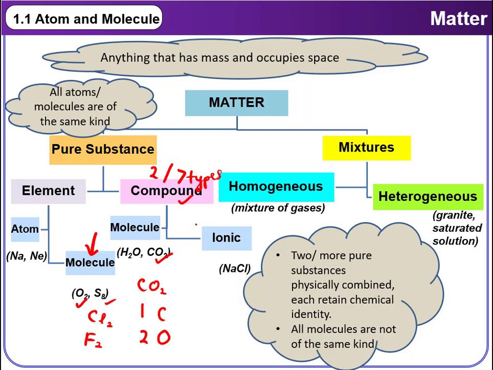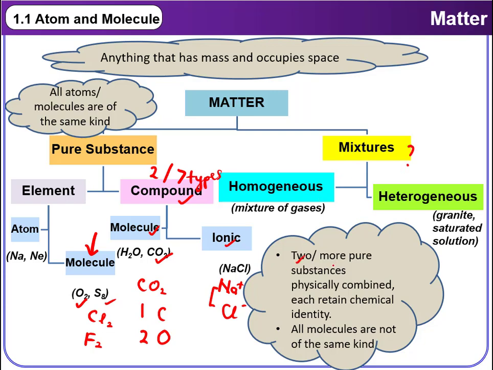Next is ion. Okay, so compound can be in the form of molecule or can be in the form of ions, such as sodium chloride compound consists of sodium positive ion with chloride ion. Okay, next is mixtures. So what is mixtures?